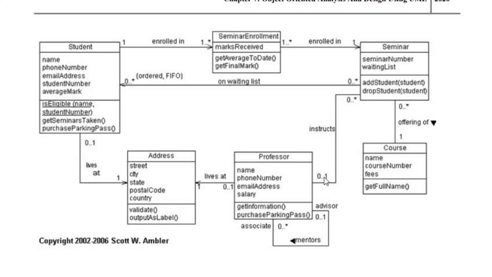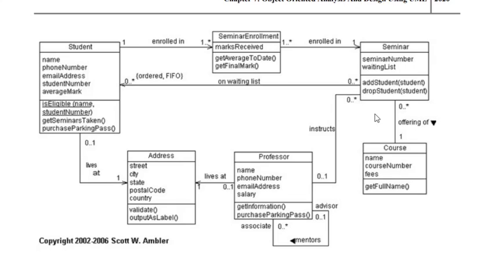So likewise, 0 to 1 number of professor instructs 0 to n number of seminars. So there might be n number of seminars a professor is capable of delivering lectures in. So 0 to 1 number of professor instructs 0 to n number of seminars, right? So that's the way we need to interpret the relationship.